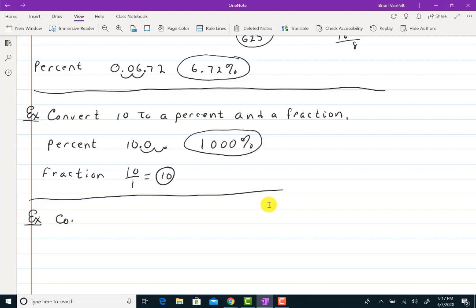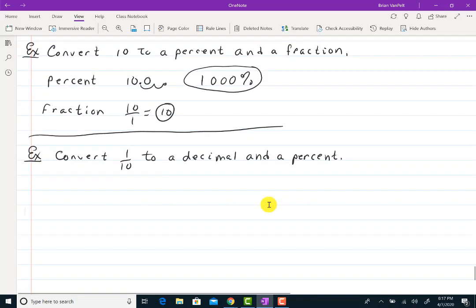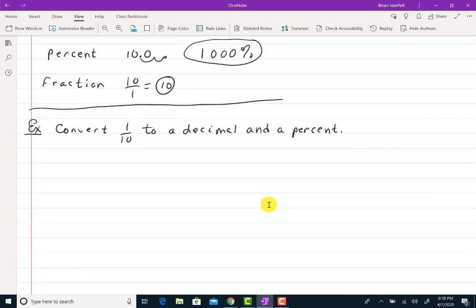Let's convert 1/10 to a decimal and a percent. Now, unless you know what the decimal is already, you'll probably have to use long division to figure it out. So let's start with the decimal.